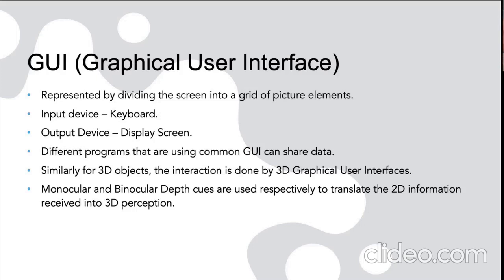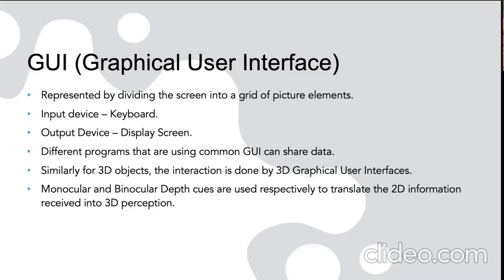Monocular cues such as perspective and shading provide depth information based on the view from a single eye, whereas cues such as stereopsis enhance depth perception by simulating the way humans perceive depth using both the eyes.